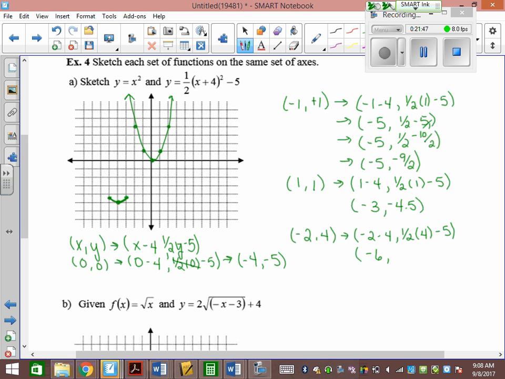So you get -6 and 2 minus 5. So you get -6 and -3. And this is symmetrical, so it'll be like this.